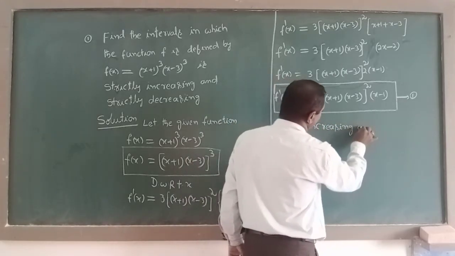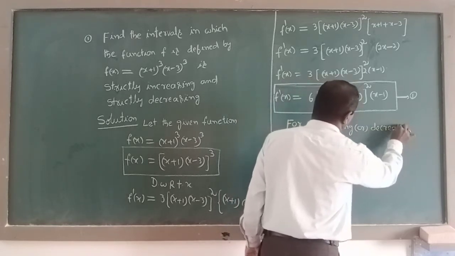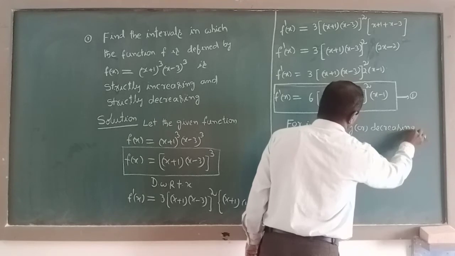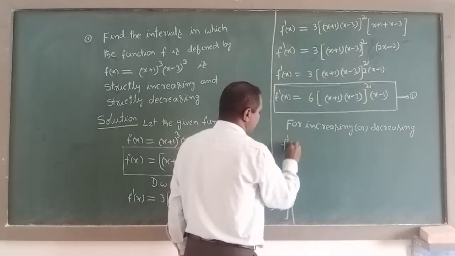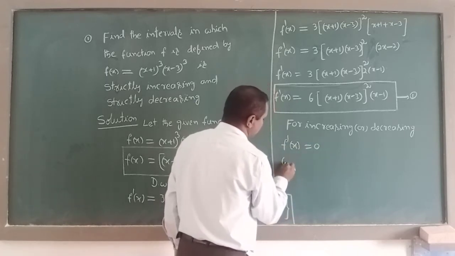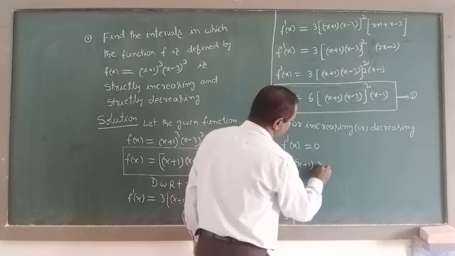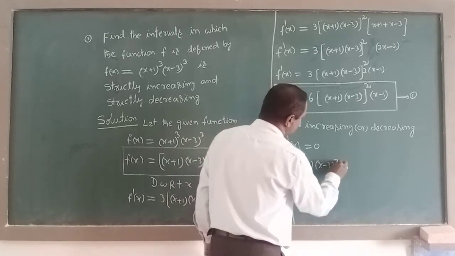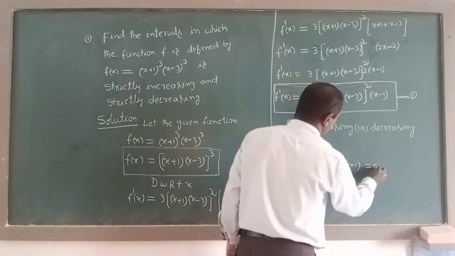For increasing or decreasing, we are going to equate f dash of x equal to 0 here. That is 6 of x plus 1 into x minus 3 whole squared into x minus 1 is equal to 0.